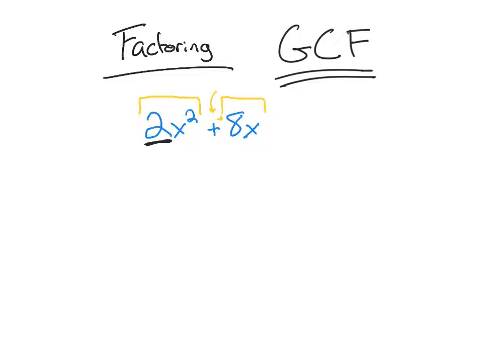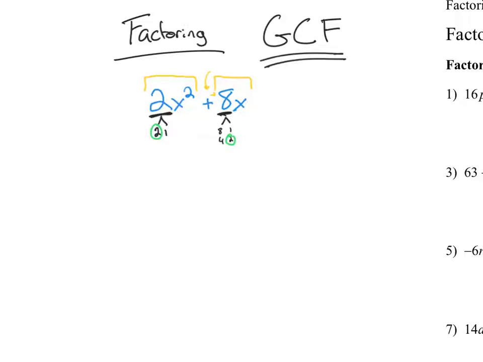So we want to look at numbers first and say, is there a greatest common factor in these things? So you can think about 2 is 2 and 1, and 8 is 8 and 1, 4 and 2. That's really it right there. So what is the greatest common factor? Well, there's only one common factor, and that's 2. So we can actually pull a 2 out of both of those.